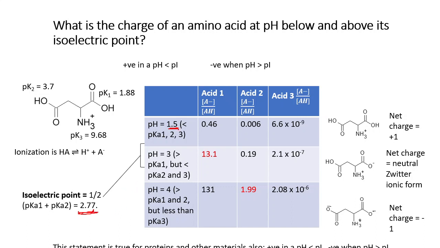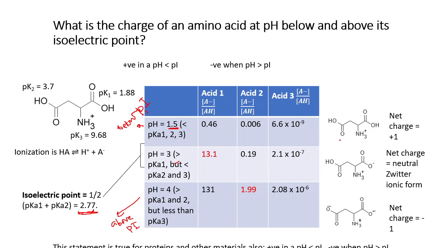So this pH is below its isoelectric point, below pI. This one is close to its isoelectric point, and this is above its isoelectric point.